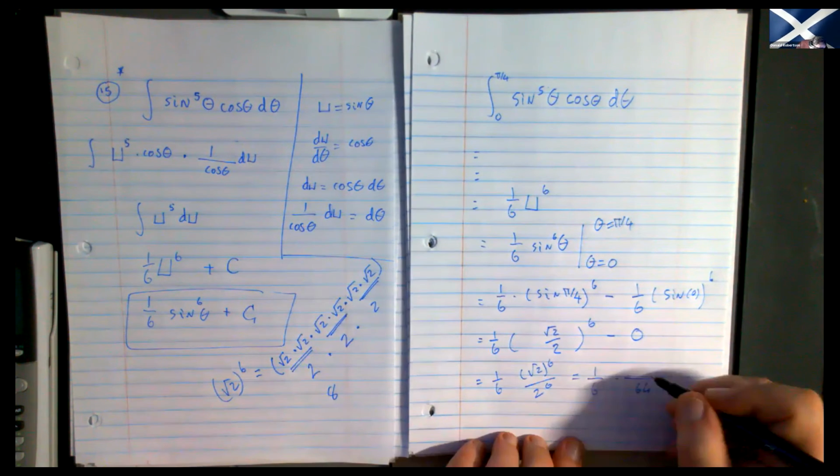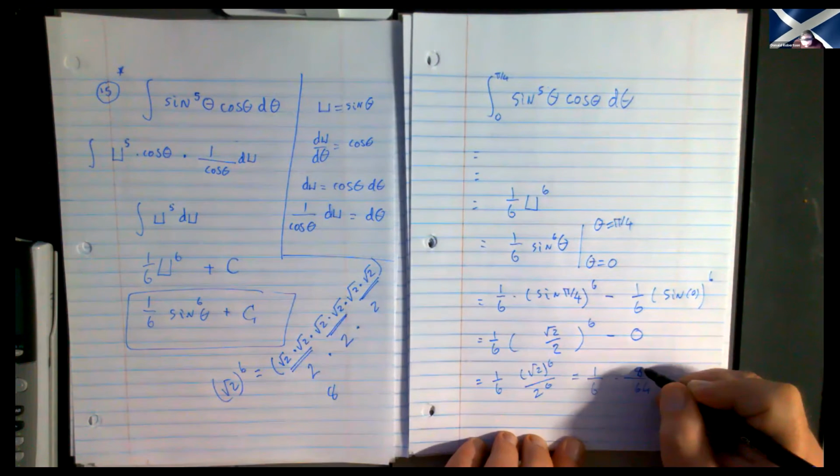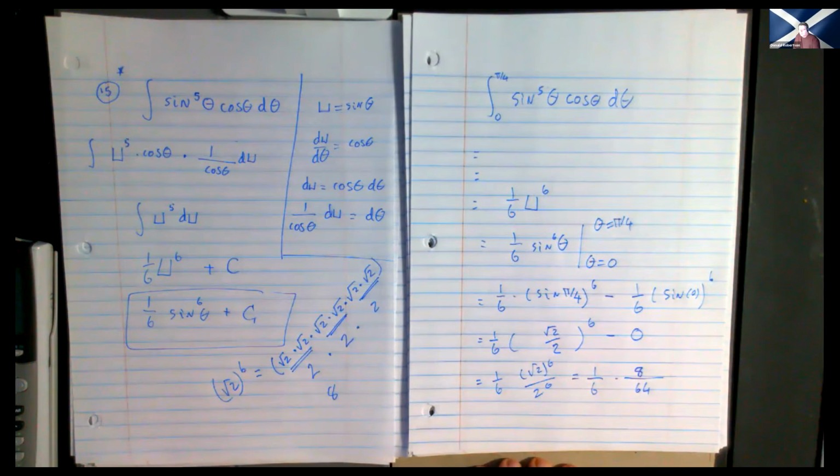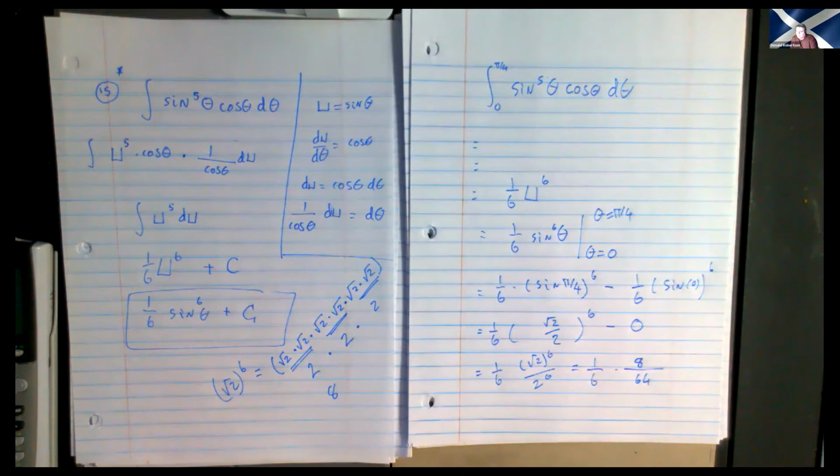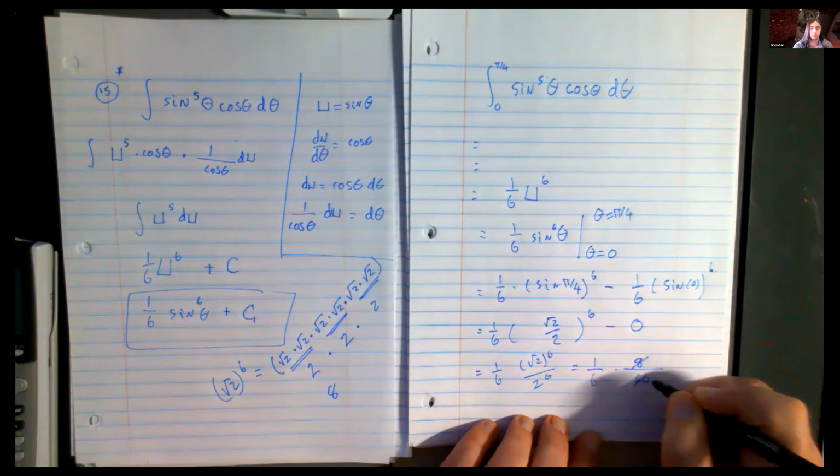So this guy becomes 8. Do you think we're finished now? What should I do? You're right, we're not finished. What should I do? You can simplify the fraction, divide the top and bottom by 8, and you get 1 over 8.